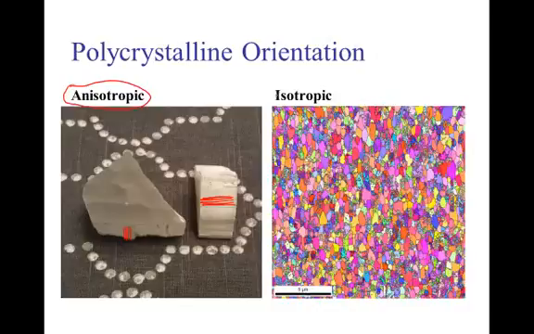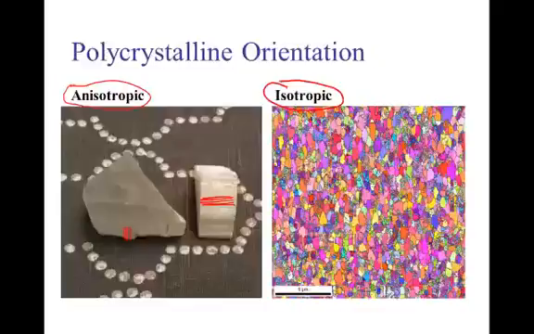And the opposite of anisotropic, of course, is isotropic. Isotropic would be having the same material properties no matter what direction of the object you measure the material properties in. And that can come about in two ways.